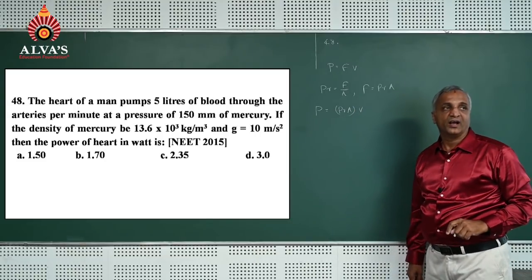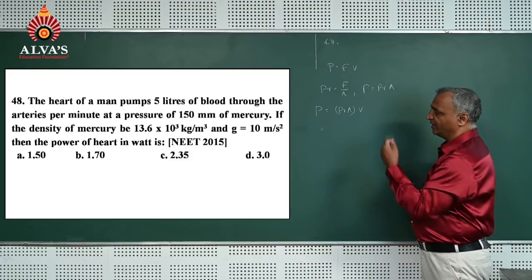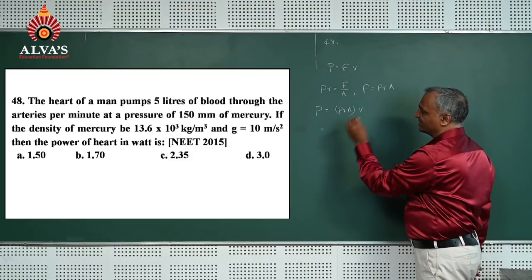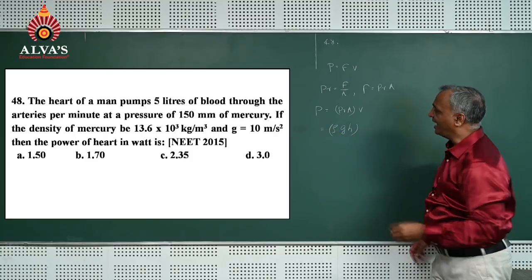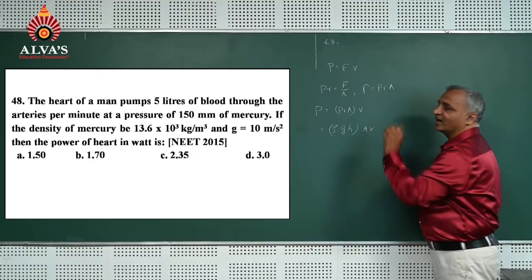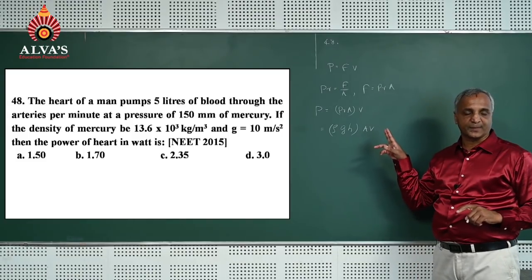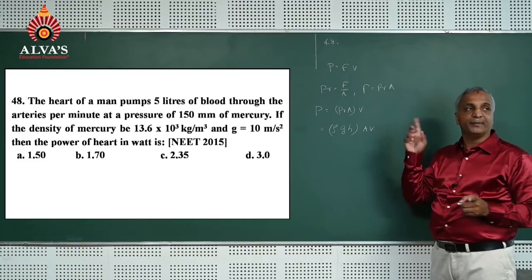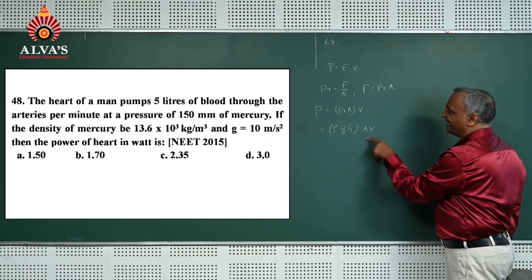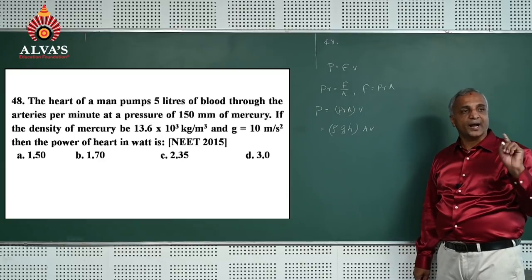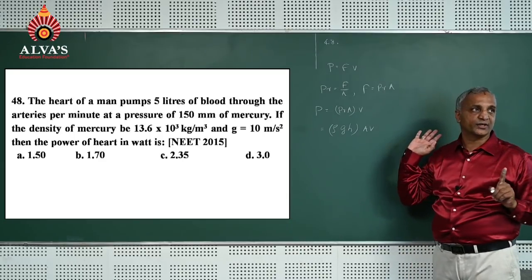And from fluid mechanics, the pressure is equal to rho g h, and area into velocity I can write. If you substitute the unit, you are going to get meter cube per second. That means this area into velocity gives you the amount of liquid in meter cube per second.